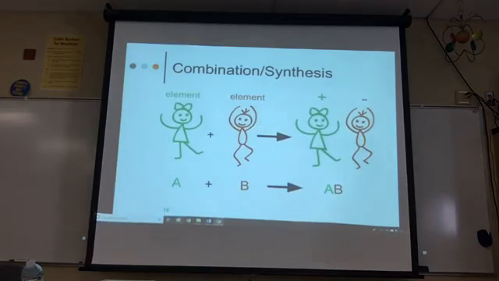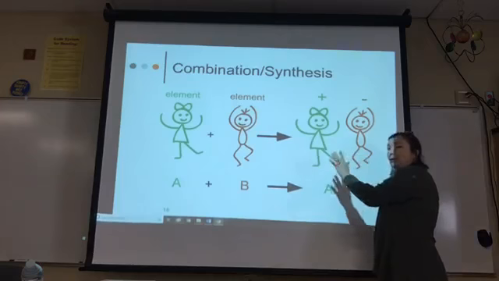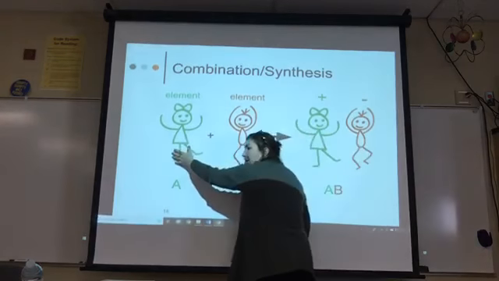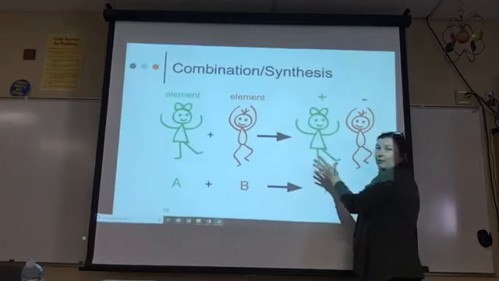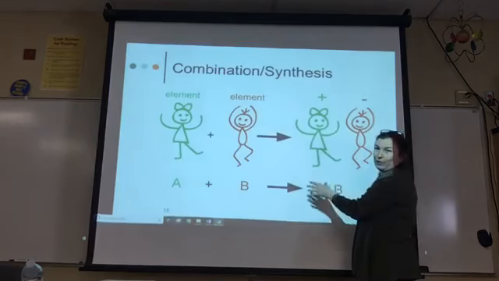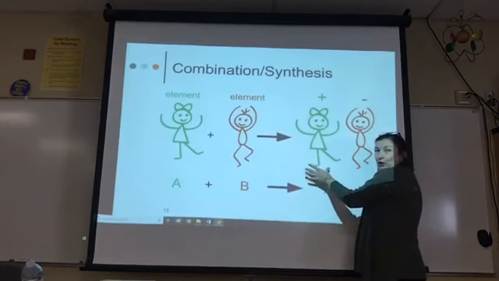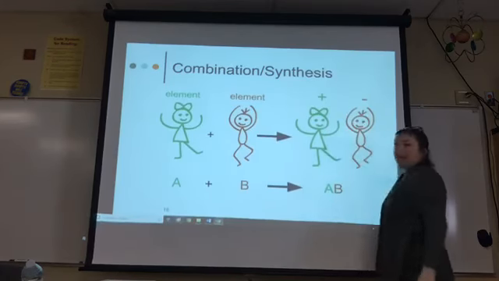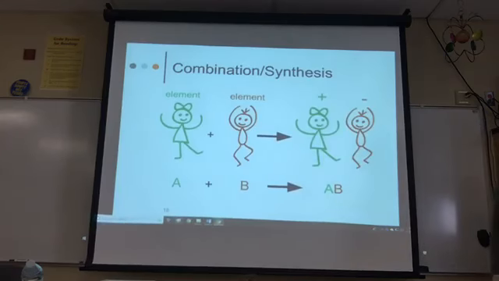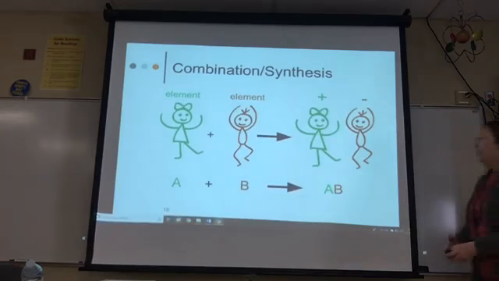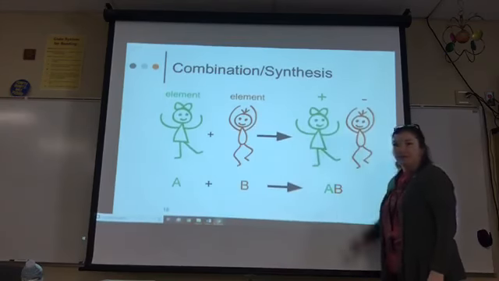You have an element plus an element, and it makes a compound. And look what happens. Neutral element, neutral element. Now she's a cation because girls are positive and they should always come first as they walk through doors and things like that. So here's our positive girl and our negative anion boy. Okay, I'm a little jaded, sorry. Okay, so cation, anion, you made a new compound.